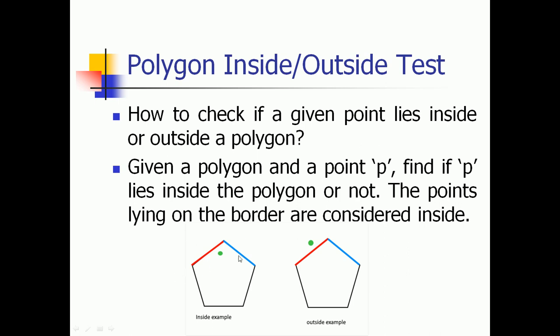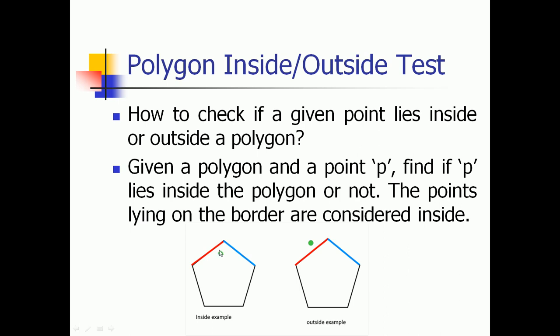In this example, suppose a point P is given. We have to find whether this point P lies inside the polygon or not. The lines which lie on the border can be considered as inside points. So this example shows the point is inside and here the point is outside.